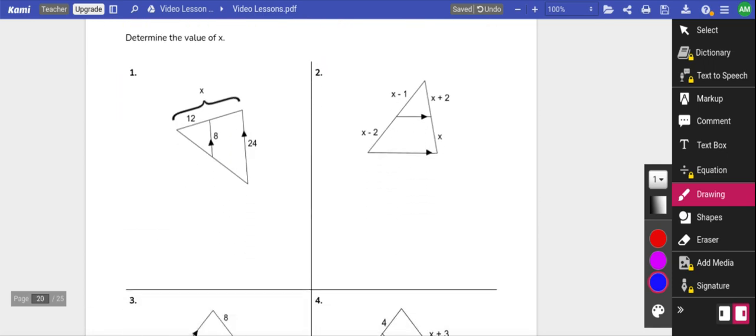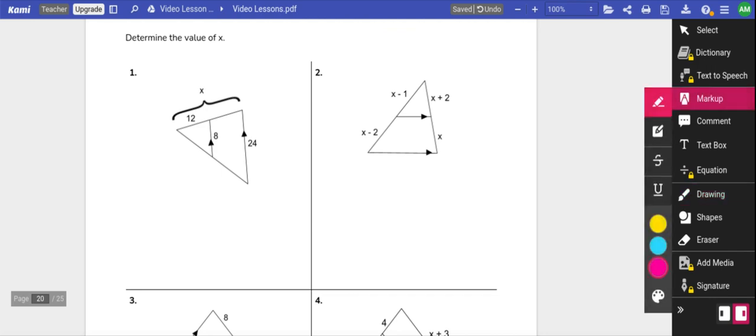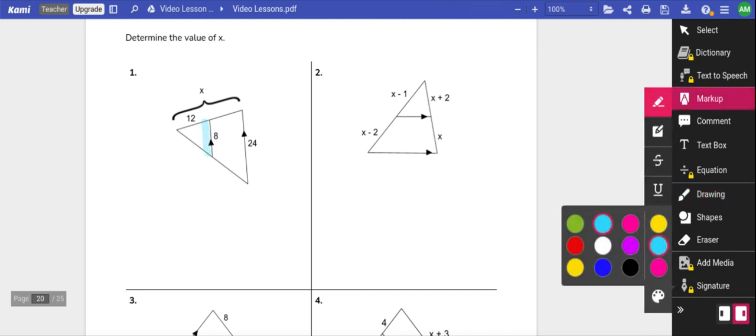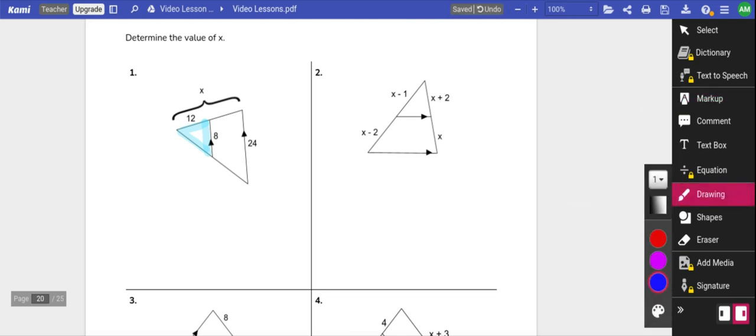So let's start with these, and we're going to look to determine the value of x in these diagrams. So to start with number 1, I'm going to highlight my small triangle and my big triangle like I did before. Here's my small triangle, and now I'm going to draw it over here. This side is 12, and this side is 8.